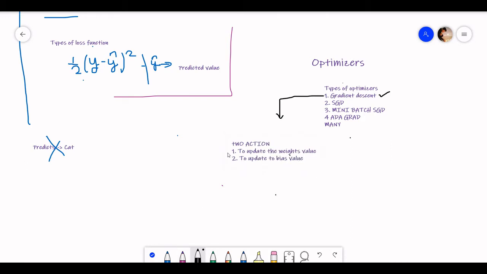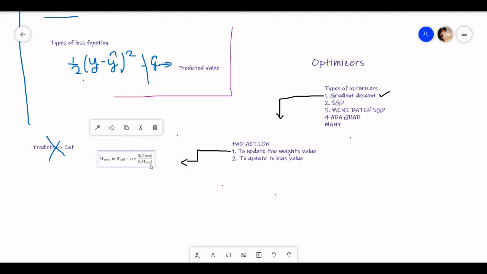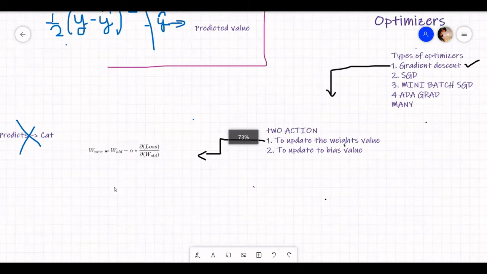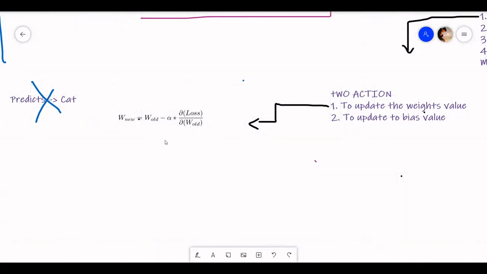To update the weight values we have a formula: W new equals W old minus eta times the derivative of loss with respect to the derivative of old weights.